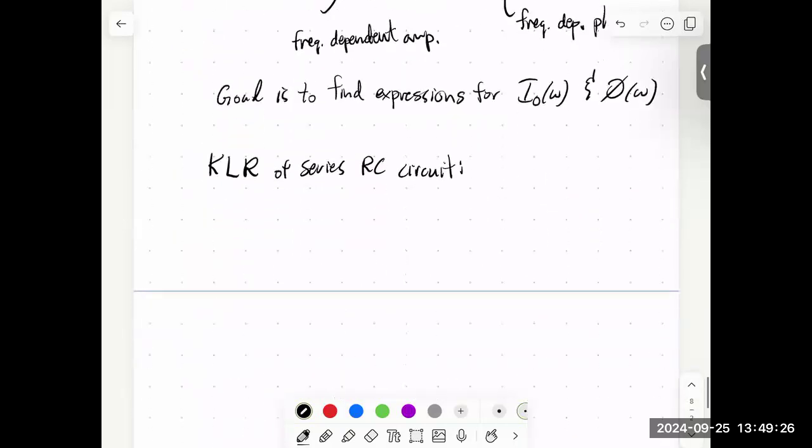So the loop rule says we would get Vn minus the voltage across the capacitor, which is Q over C, since C is Q divided by V. And then minus IR, the voltage across the resistor. Then we'd be back at our starting point, and that would be 0.